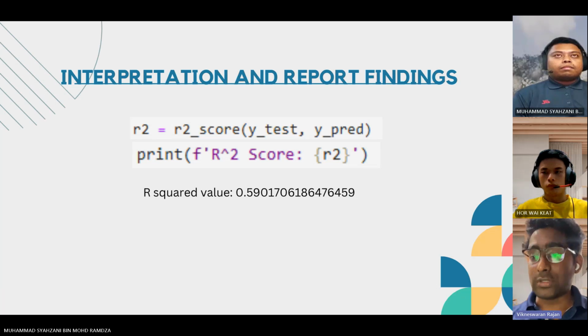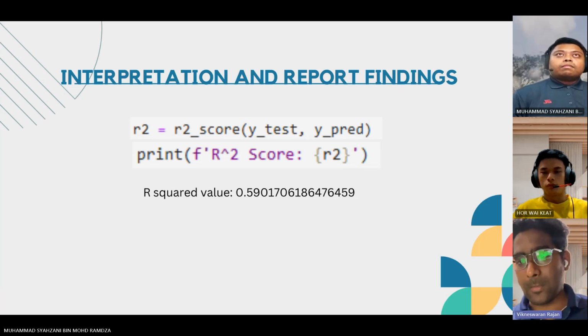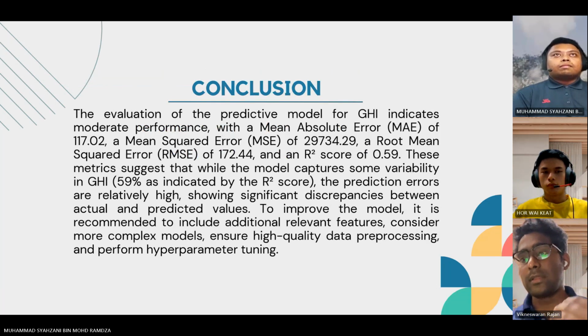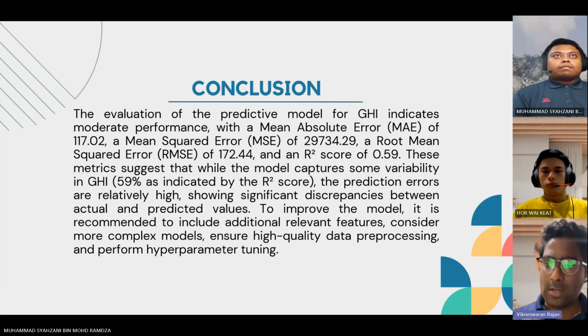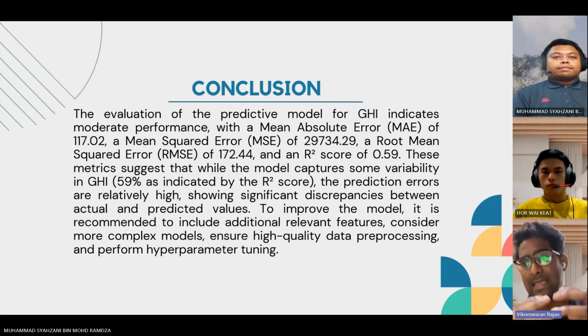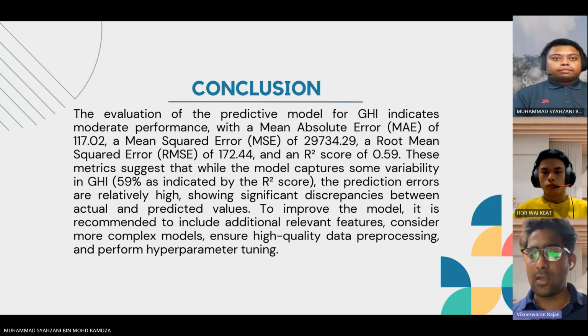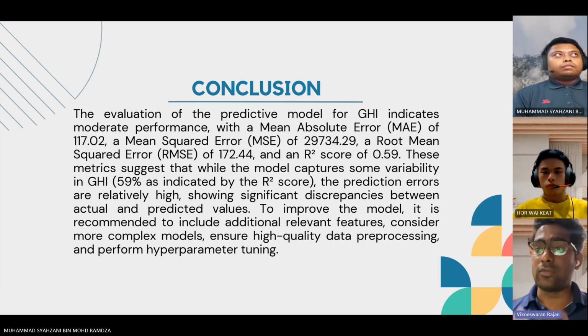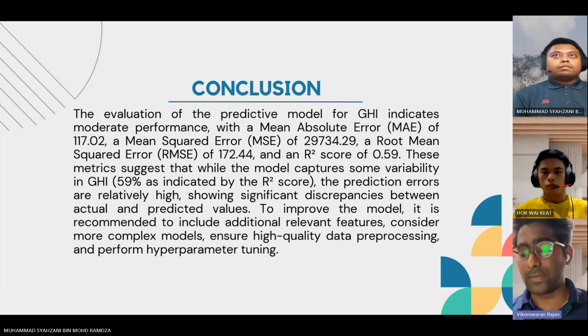In conclusion, the evaluation of the predictive model for GHI indicates a moderate performance. While the model captures some variability in the GHI, as evident by the R squared value of 0.59, the prediction errors are relatively high, as shown by the mean absolute error, mean squared error, and root mean squared error values.